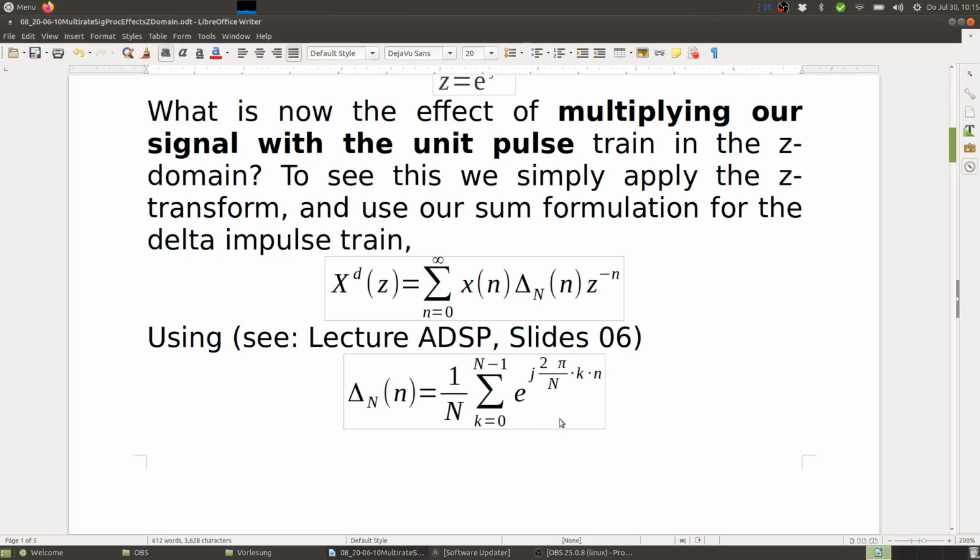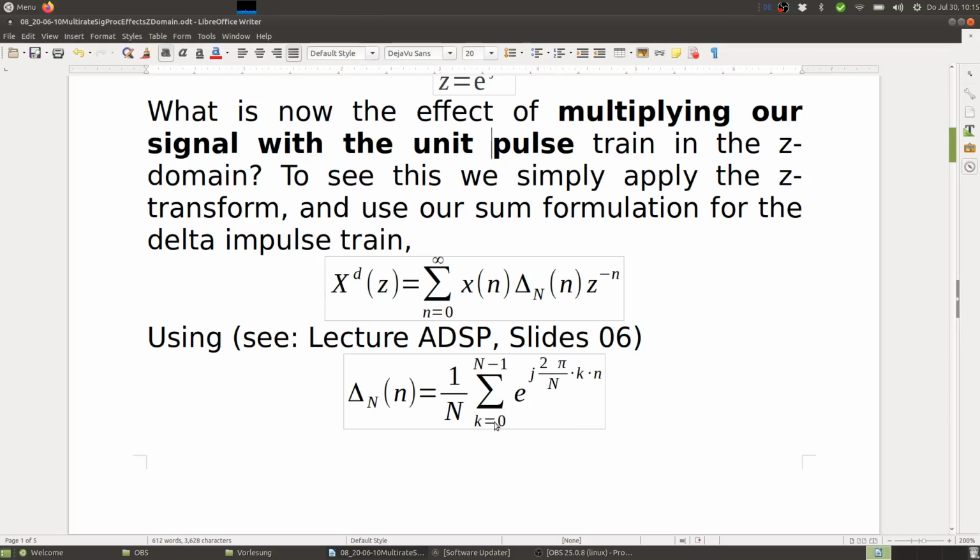So here you can see the representation of the unit pulse train as the sum of complex exponentials. So it's not obvious to see in this sum formulation, but you can imagine it as consisting of the fundamental frequency and its harmonics from this unit pulse train.